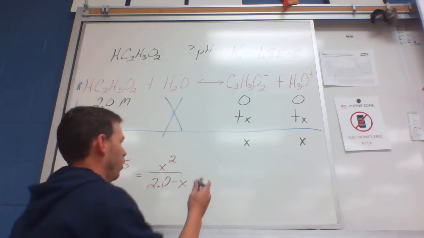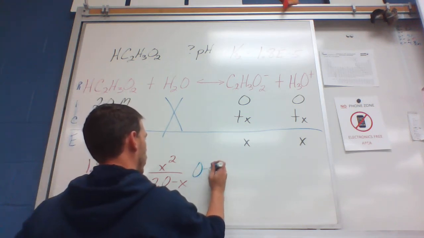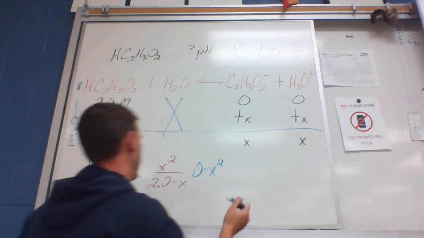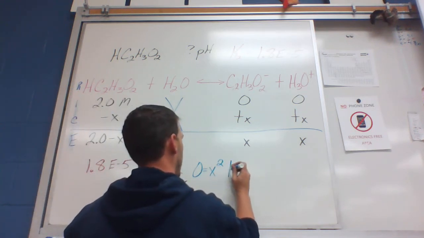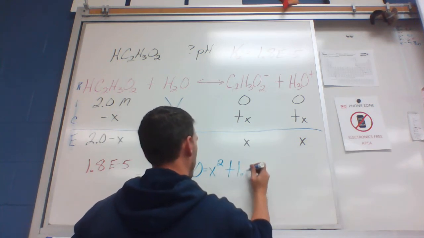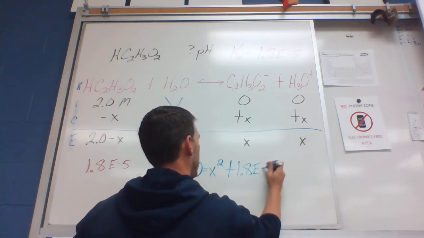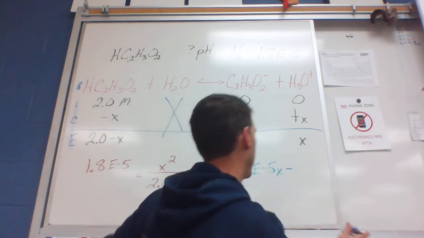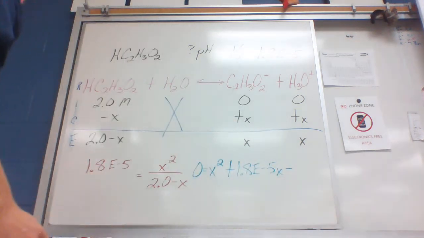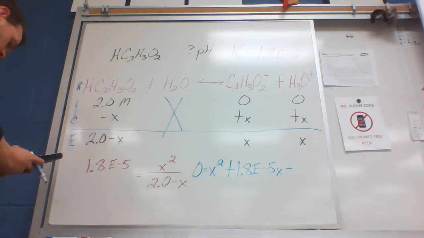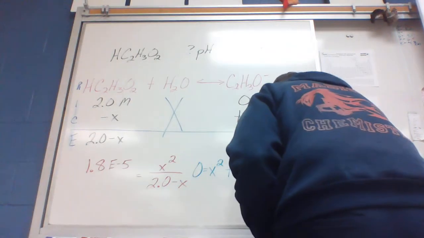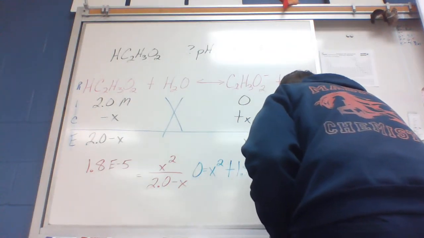All right, so we'll end up with 0 equals x squared. We're cross multiplying here, but remember we had to move it over so the sign switched. Plus 1.8 e negative 5x minus 3.6 e negative 5.